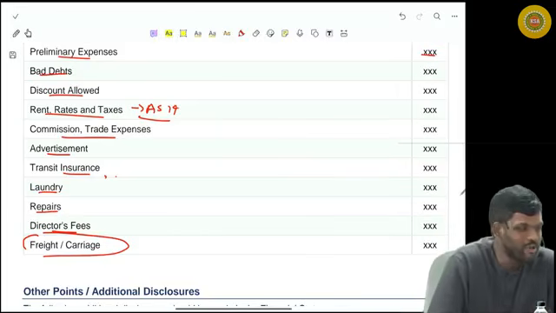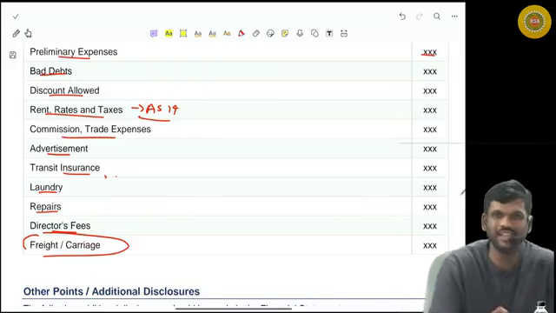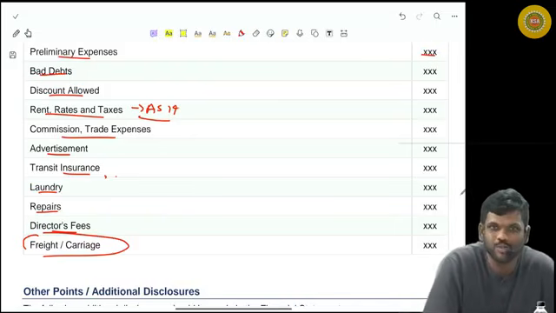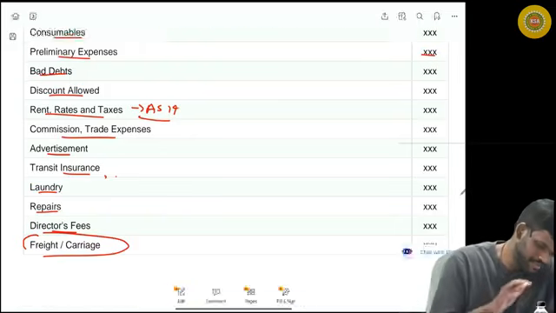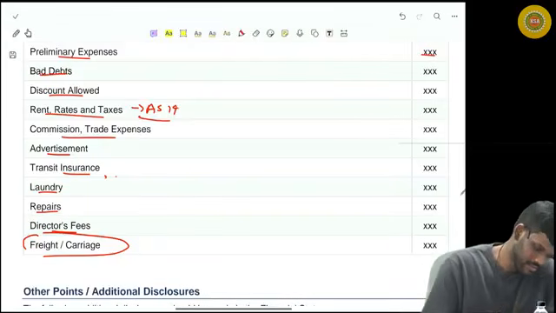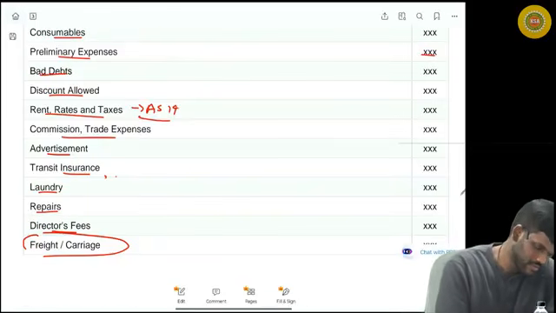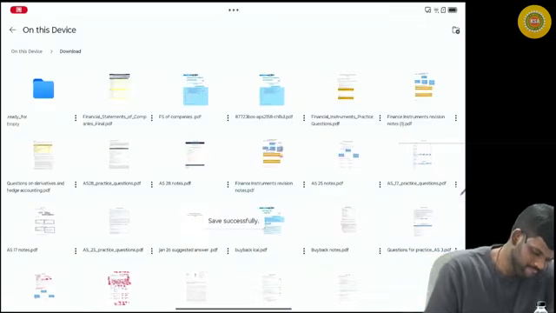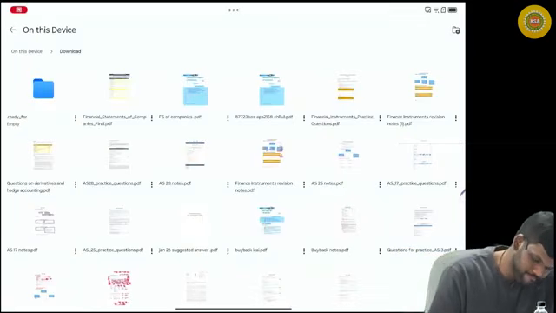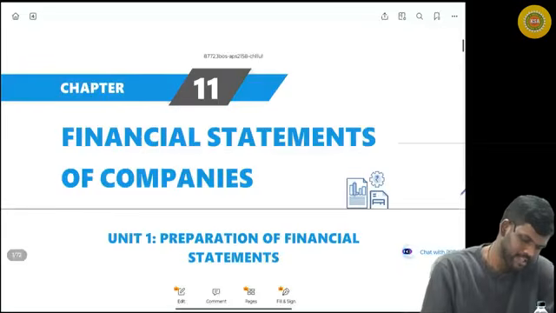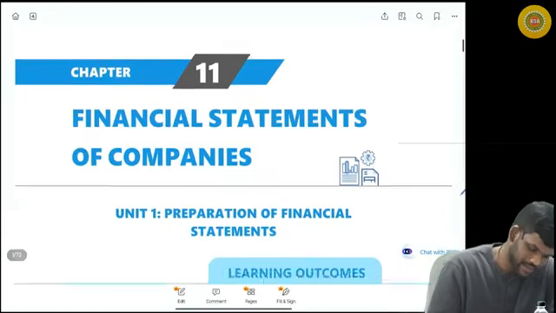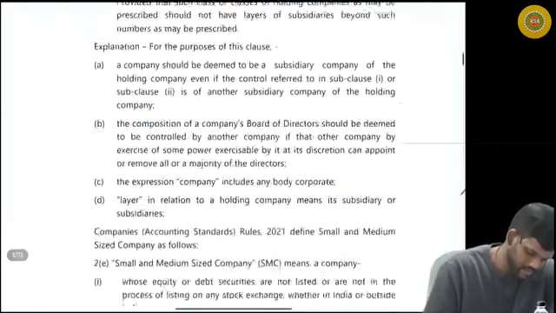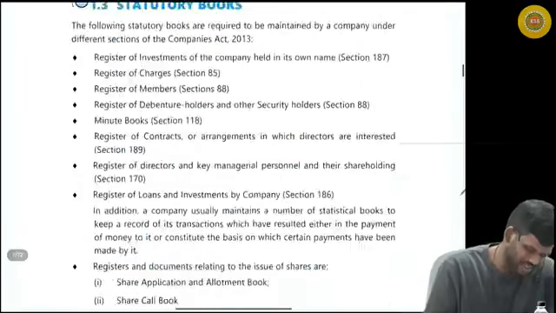Okay, now I want to discuss a few interesting adjustments in your textbook. Okay, let's go to that. Guys, a lot of theory will be given.